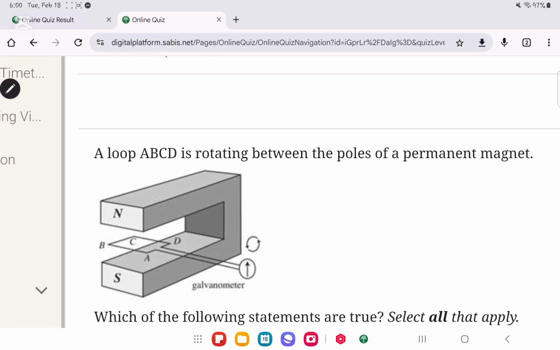Now before we start, I'll just explain a little bit about what's happening over here. So we have that the magnetic field is flowing from the north pole to the south pole. And we know that if it is perpendicular or makes 90 degrees, there is no change in flux.